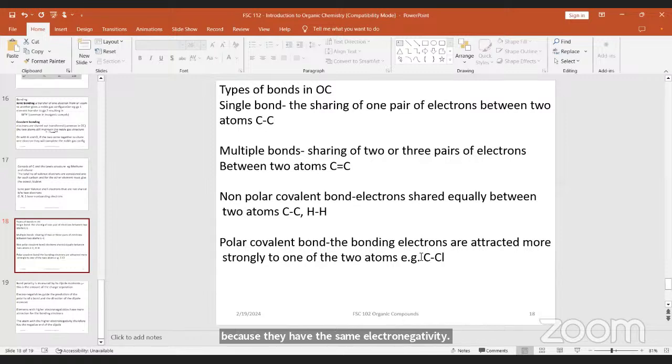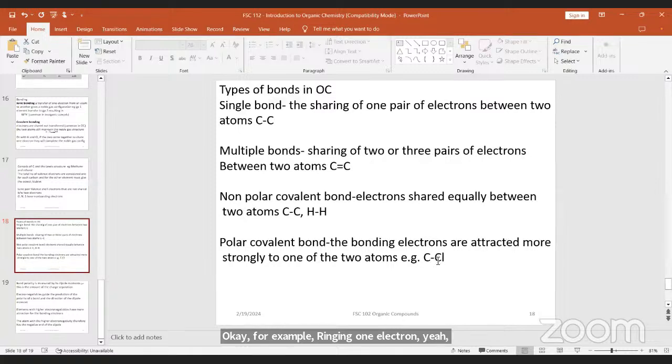But when you have carbon, for example, bonding with an atom with a higher electronegativity, for example, chlorine. If chlorine is bringing one electron here and carbon is bringing one electron, the electronegativity of chlorine is higher than that of carbon.